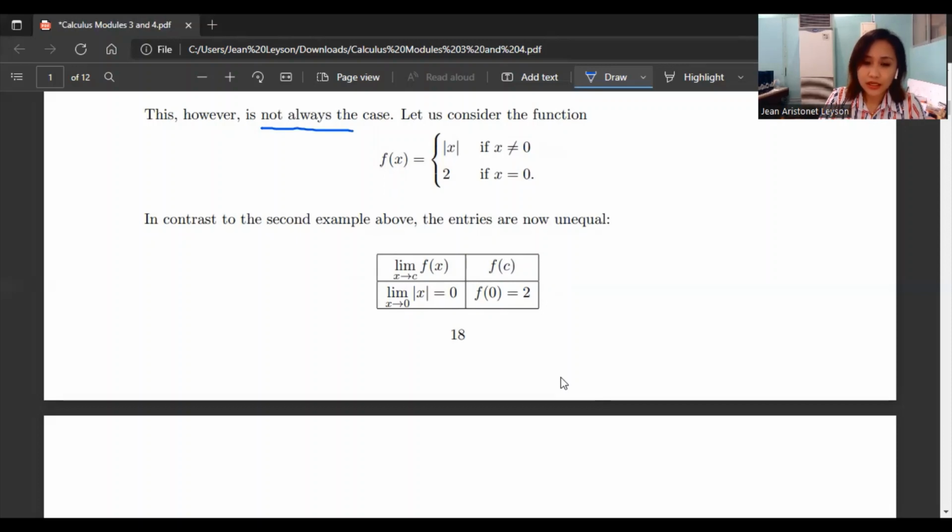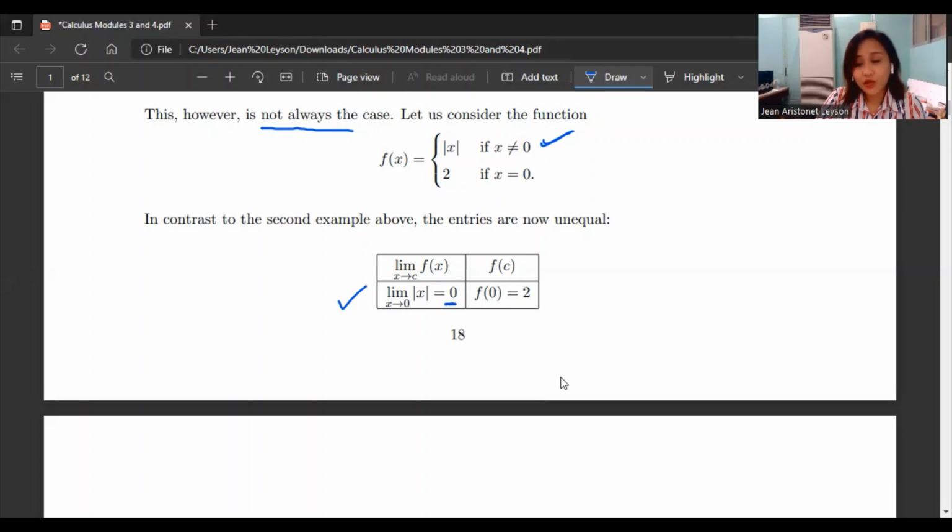Determining the limit of the function as x approaches C, here we will be using this part of the function, since x should not be equal to 0. It can be close to 0 but not 0. So that's the absolute value of x. So the limit of the function is 0.